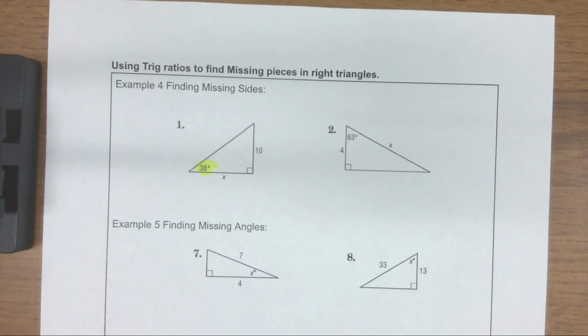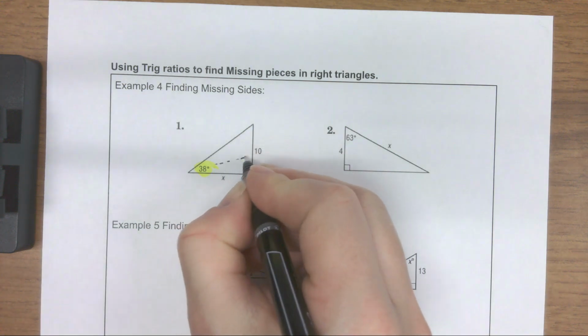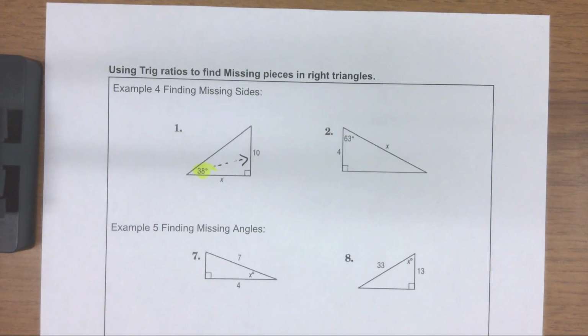Then you're going to identify the piece that you're given. Remember, we have 3 pieces in a triangle in relationship to the angle. We have the opposite, we have the adjacent, and we have the hypotenuse.